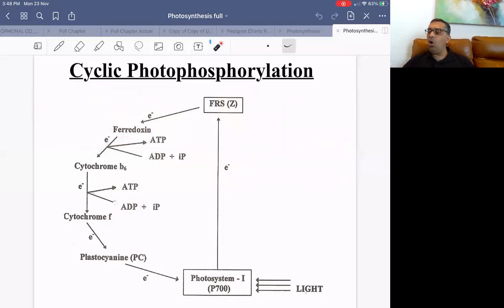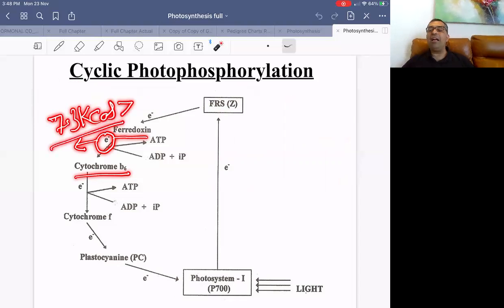But when electron goes from ferredoxin to cytochrome B6, this time electron loses energy greater than 7.3 kilocalories, and that means between ADP and IP, a high energy bond of 7.3 kilocalories is formed, and that generates a molecule of ATP.